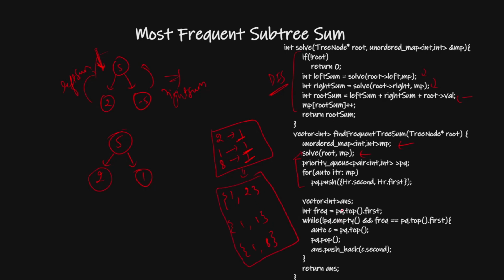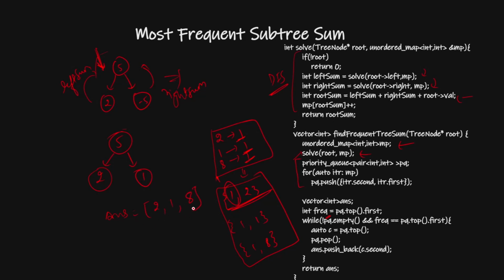After that, I will have my answer vector, and I will see what my top frequency is. Its frequency is 1. So if its frequency is 1, then I will pop all the elements whose frequency is 1 and store them into the answer. So I will add 2 into my answer, 1 also, and 8 also.